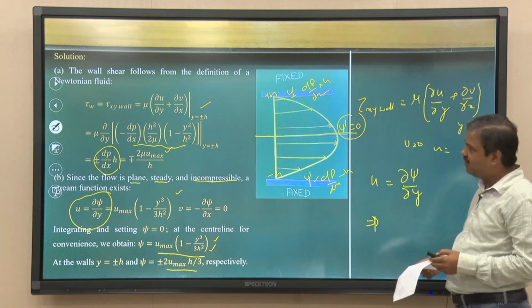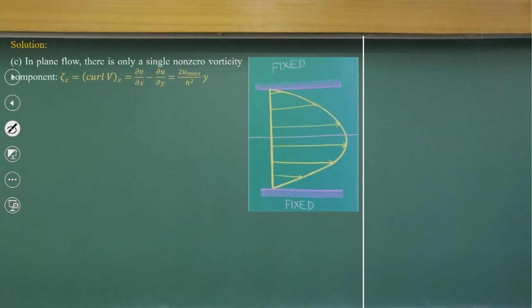In the same way I looked at the vorticity. So, vorticity in the x-y plane, that is what we have, in x and y. You are looking at the vorticity which is perpendicular to this plane.